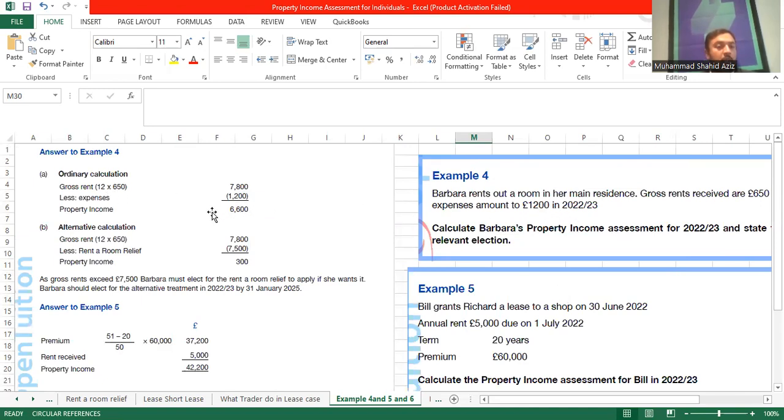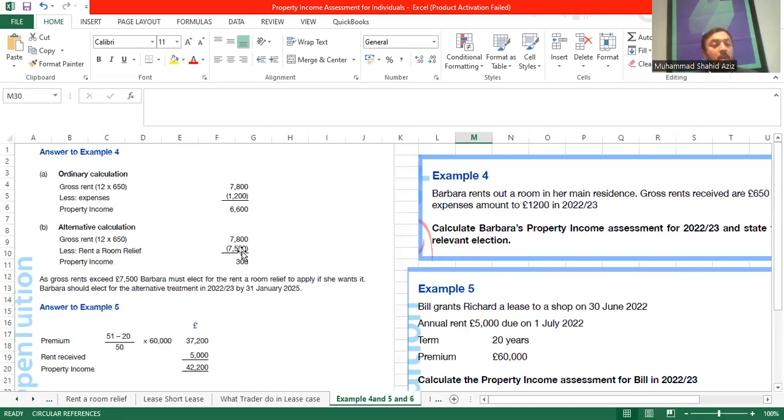So the total property income is 6,600. But if Barbara uses rent a room relief, 7,800 minus 7,500, because 7,500 is the relief in a year, her property income is 300. So you can see Barbara can save a lot of money by using rent a room relief.